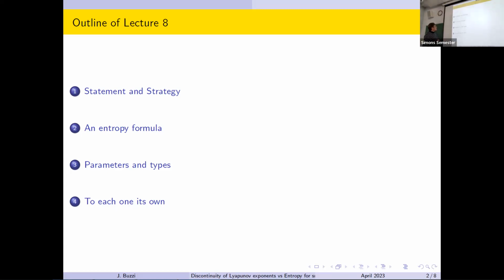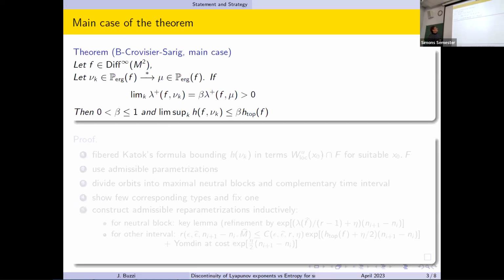So you recall the statement, I will give an outline, and then I will be more specific. This is what I call the main case of the joint result.